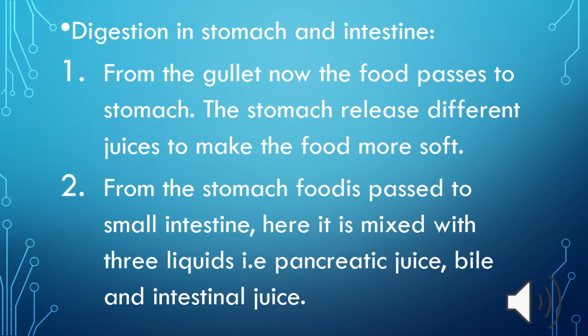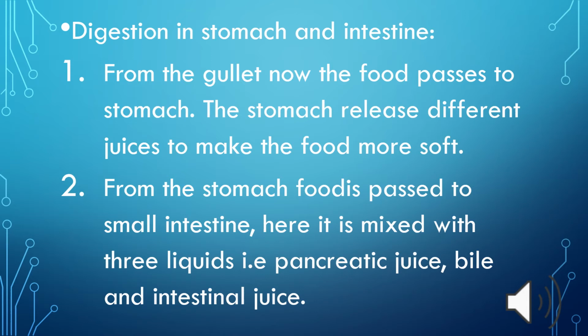Here it is mixed with 3 liquids such as pancreatic juice, bile, and intestinal juice. Coming towards the explanation of this, the stomach is a sac-like organ located between the oesophagus and the intestines. Food from the oesophagus enters the stomach.